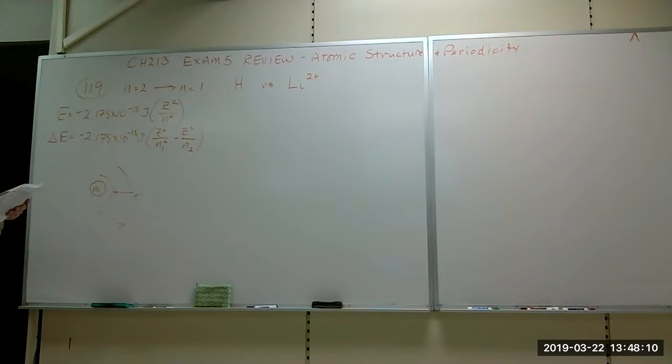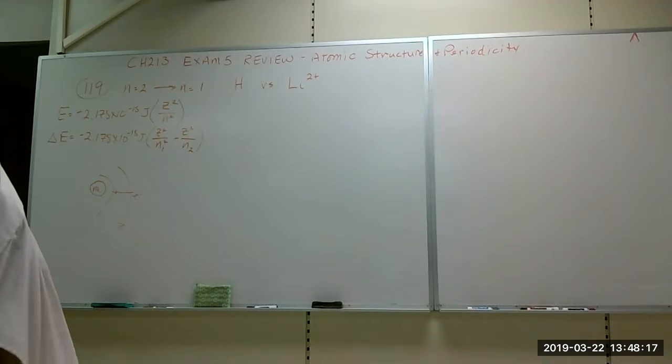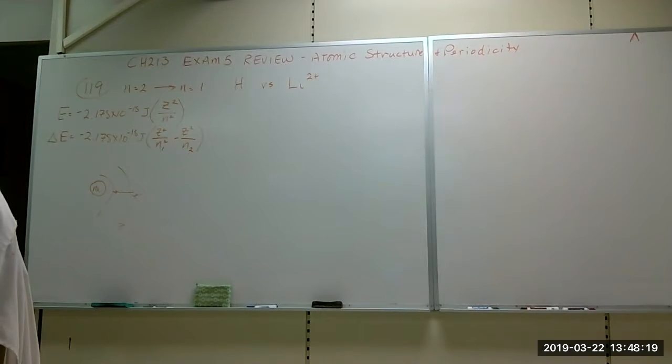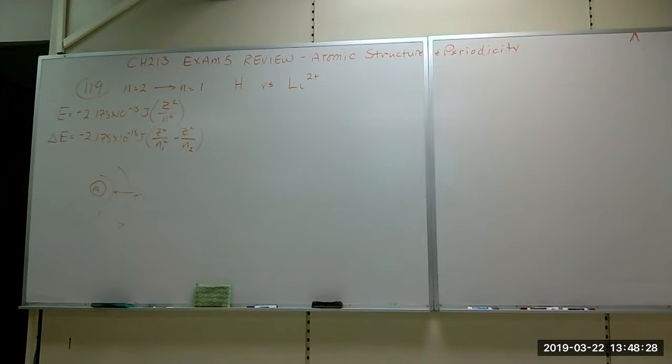Let's see. And let's look at the wording again. The hydrogen spectrum is 1.216.